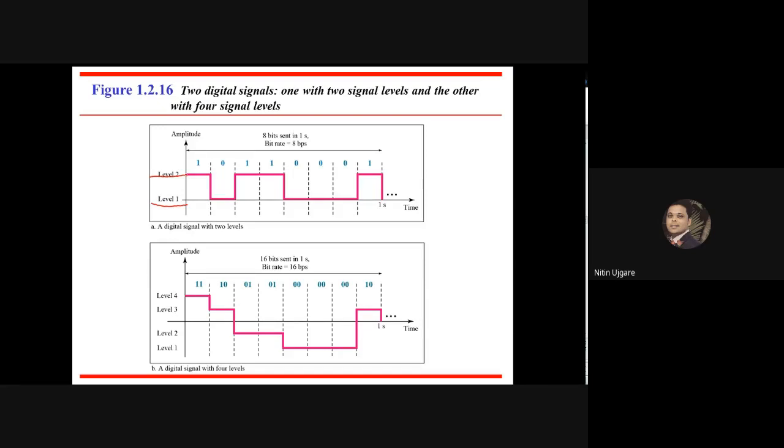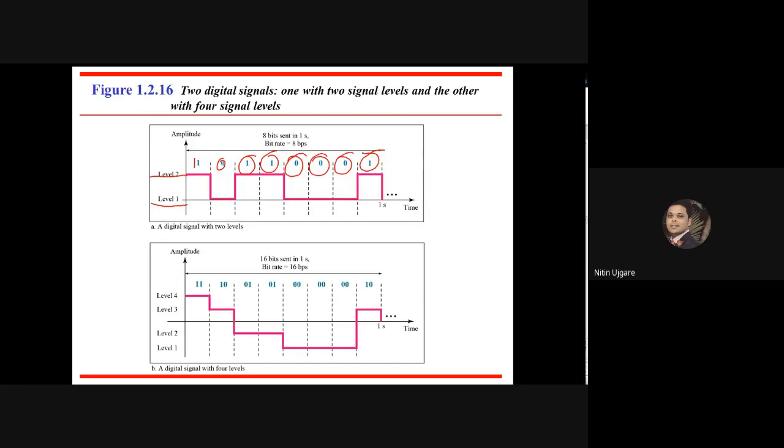Remember, if your digital signal has 2 levels, then it is allowed to send only 1 bit. Here you can see 1 0 1 1 0 1 0 0. Now in 1 second, how many bits can that two level digital signal send?